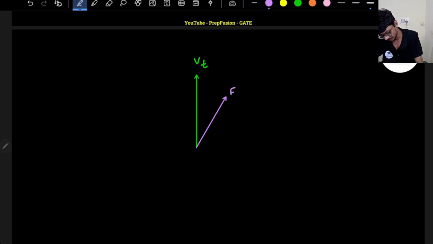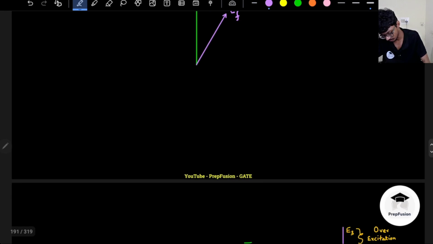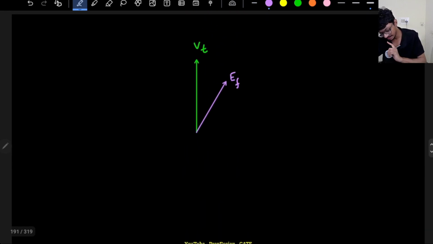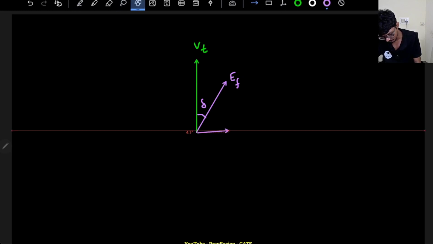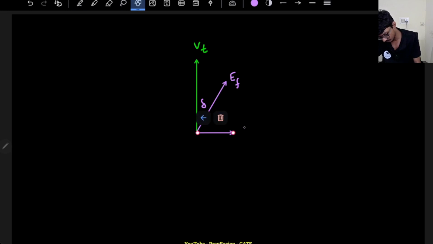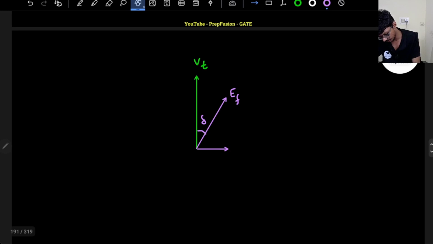EF will always lag VT, and the most important factor to note here is that EF sine delta will be constant. This is the delta angle. Sine delta meaning this is the projection along VT, and this will be the projection perpendicular to VT. Let's assume this length is my EF sine delta. Let me draw a perpendicular line here.